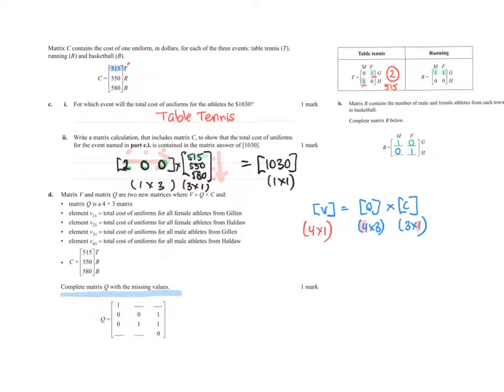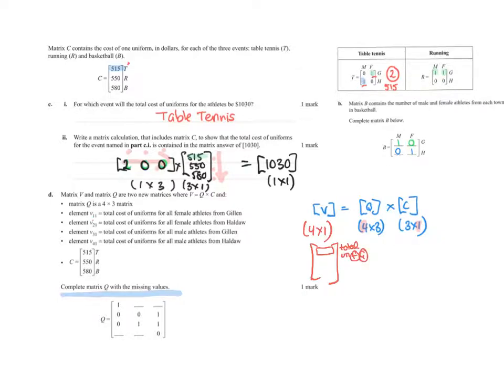Okay, so the answer will give me the total, a 4 by 1. If you look, it'll be a 4 by 1. And they said where 1, 1, this little element is the total uniforms for females from Gilligan.